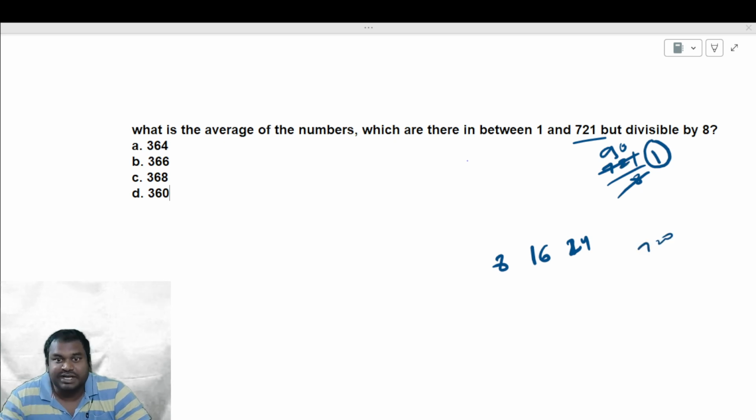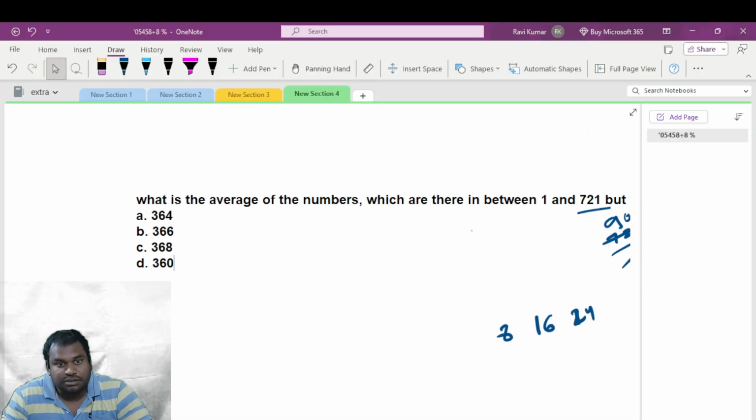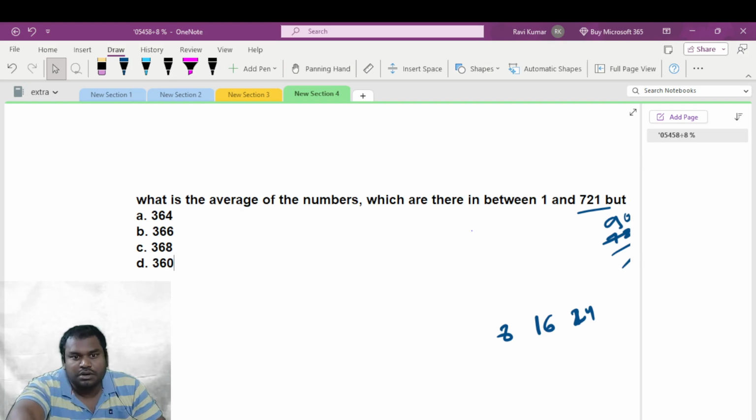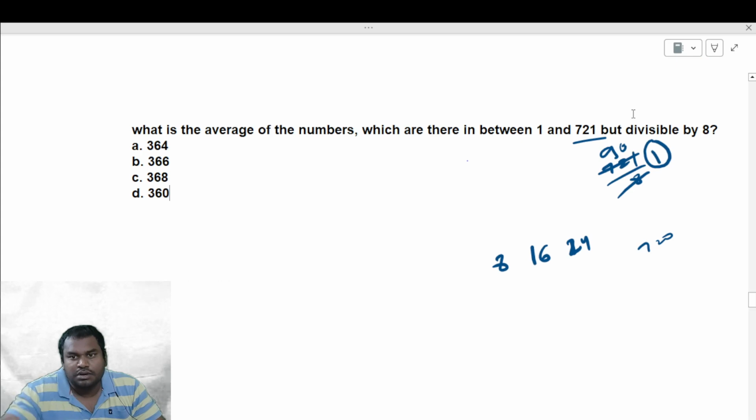If I take 720, then that is divisible. So 720 is the term which is before 721 and divisible by 8. So here you can take 720.